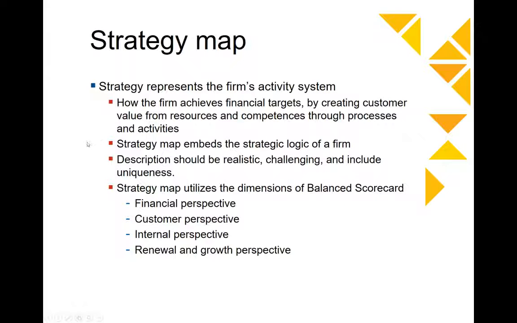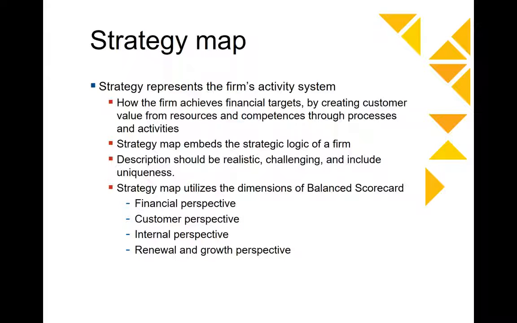Strategy map, or activity system, is a reflection of firm strategy. A strategy map should reflect the activity system and strategy of the firm.